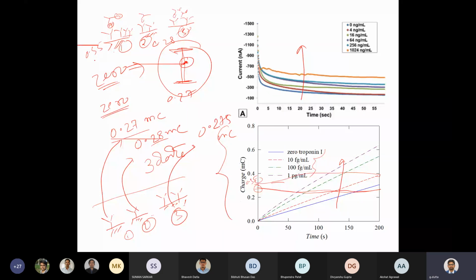In the second case maybe you are getting 0.36 millicoulomb, but because of some error here you are getting maybe around 0.4 millicoulomb. Then within these 3 data you have to again calculate the standard deviation and mean value. Like this way.